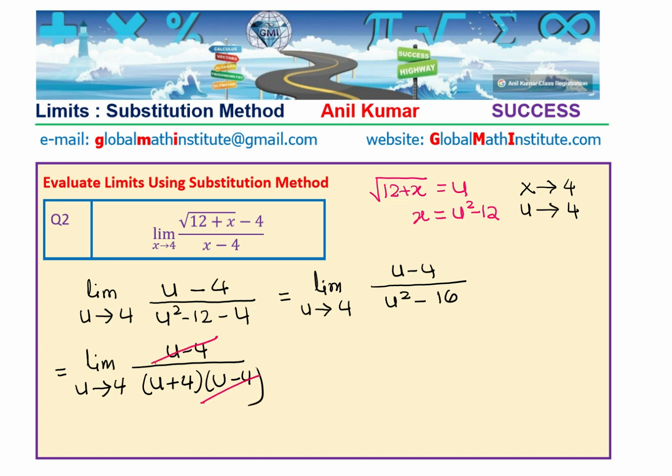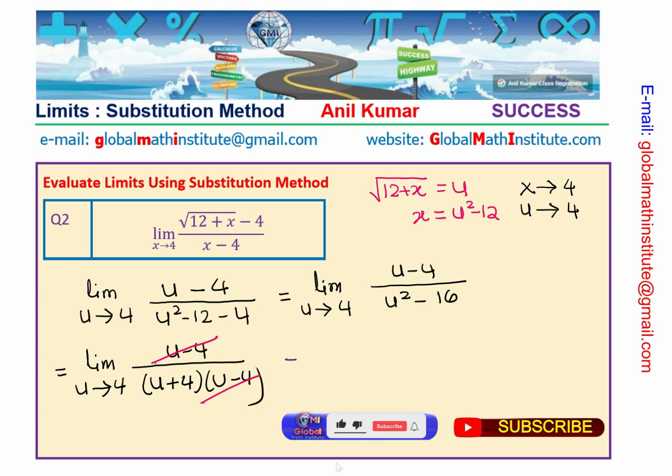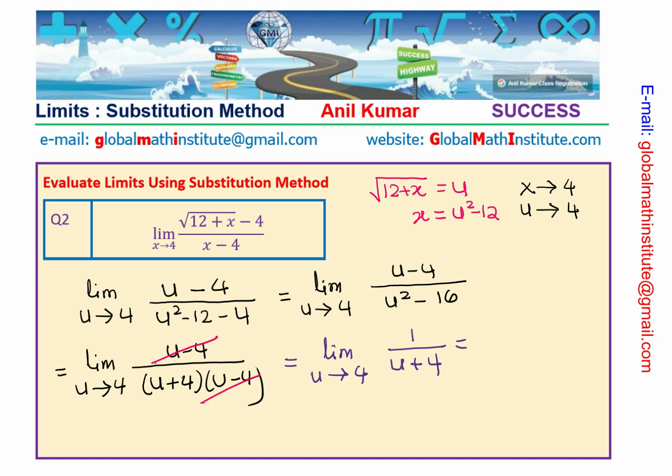U minus 4 and u minus 4 cancel. At this stage, you can substitute 4 and then you can write down the answer. So the simplified form will be limit u approaching 4 of 1 over u plus 4. Substituting 4, we get 1 over 4 plus 4, which is 1 over 8.